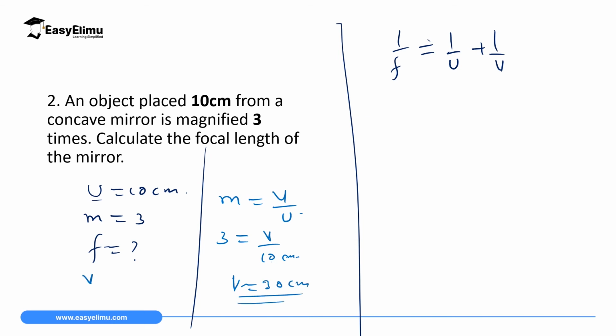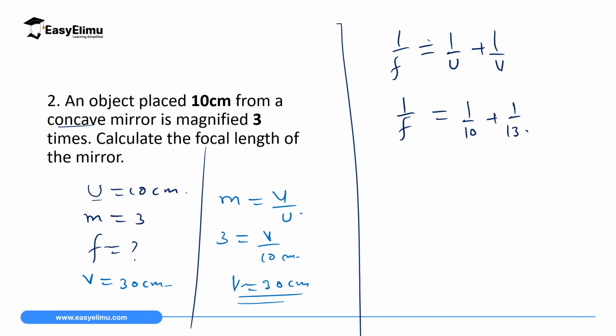So we have V also as 30 centimeter. And if we take this to the mirror formula, because we are using a concave mirror, F is positive, 1 over F is equal to 1 over U, that is 1 over 10, plus 1 over V, that is 1 over 30.